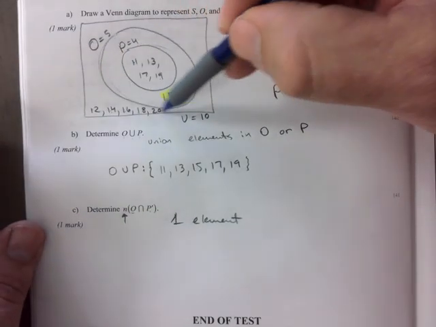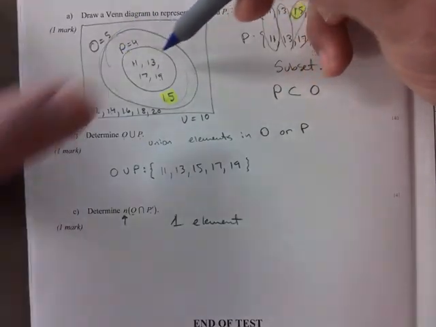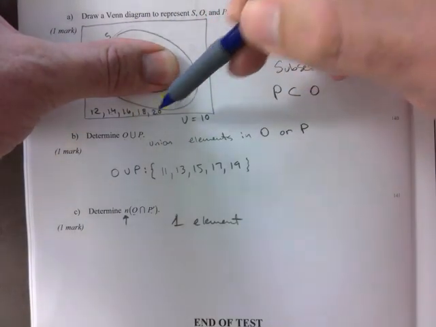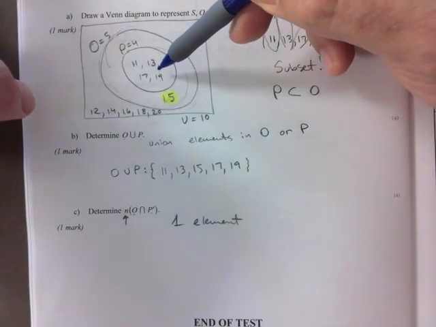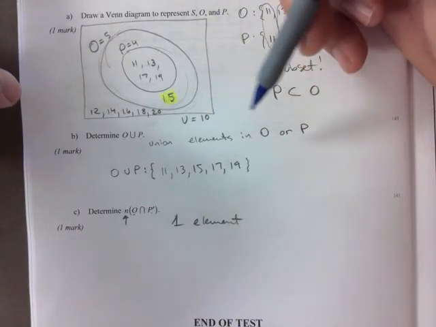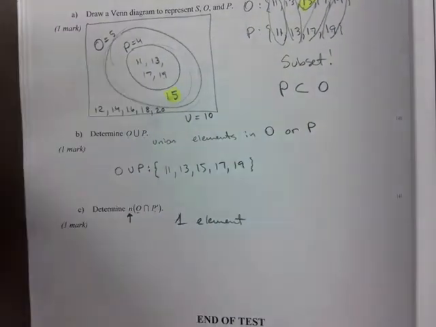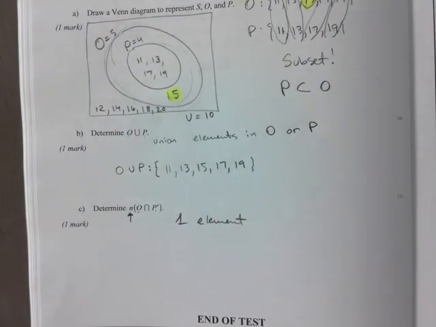So O is all of it. Not P is everything else. So the only thing that not P and O have in common is the 15. So there we go. One element. That concludes this exam, guys.